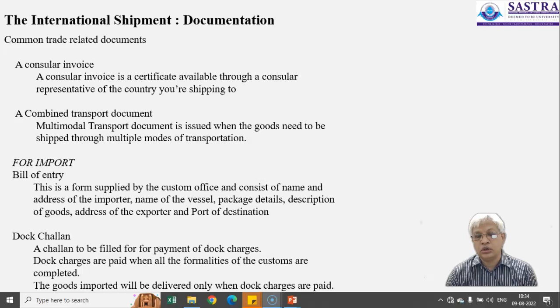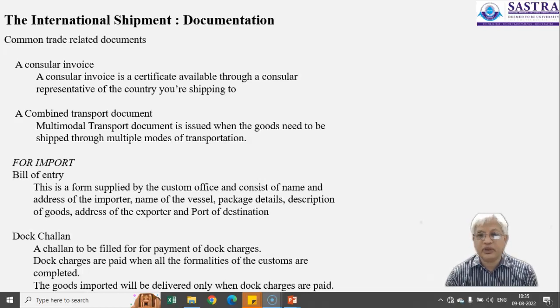So, the UK government has an embassy or a consulate office in India, and a document of the details of the shipment is provided by the consular of that embassy or consulate in this country, in Bombay, and that needs to be attached. Well, it is not a compulsory document that all countries might require, so in some cases it is required. Next is a combined transport document.